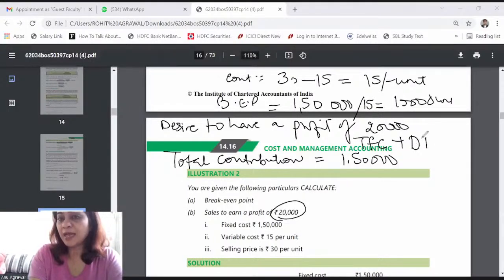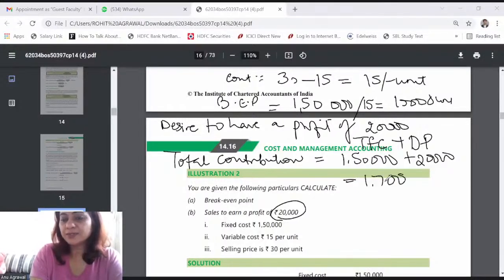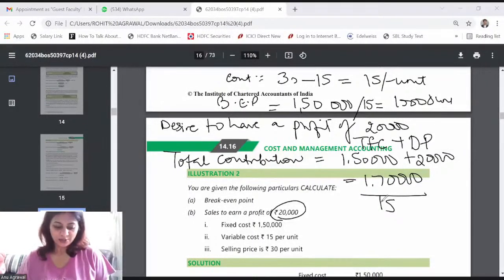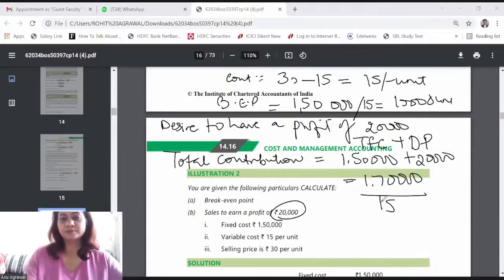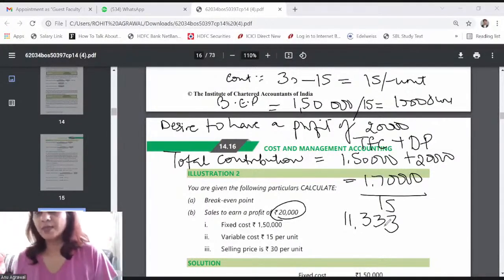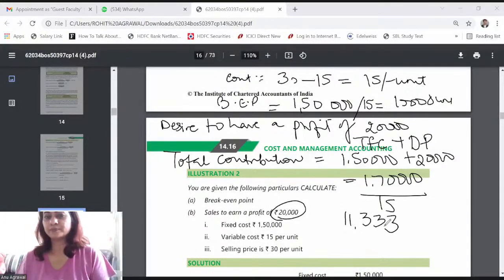And I should add the desired profit to it, which is 20,000. So 1,70,000, yes or no? And if I divide this with my contribution per unit, I should get out with my units, 11,333. Yes, any problem?